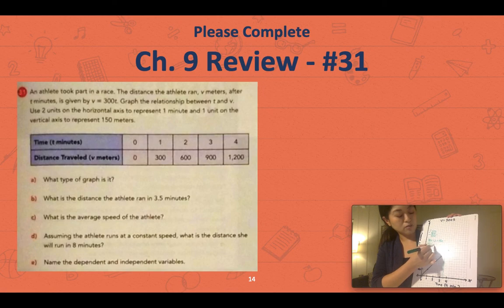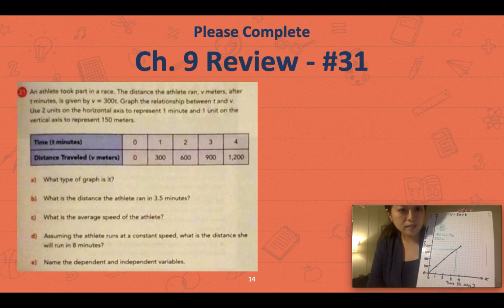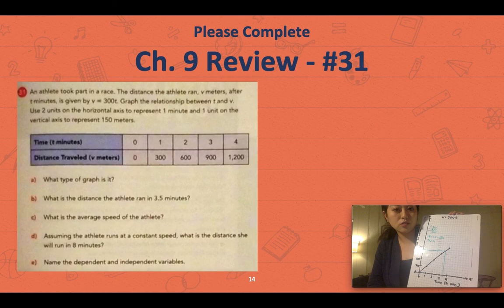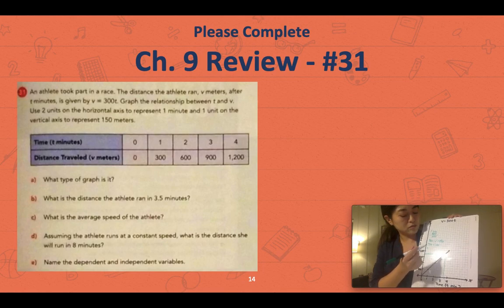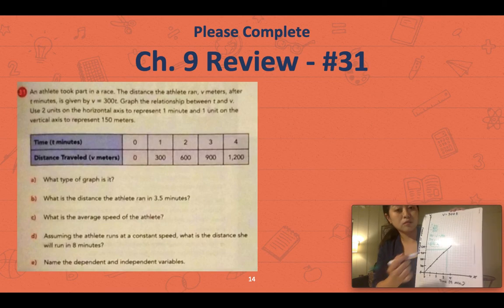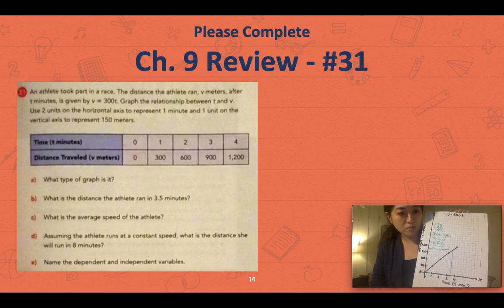Oops, not 150 meters. It is 900 plus 150 meters, okay, which is equal to 1050 meters. Okay, so this is the answer to question B.